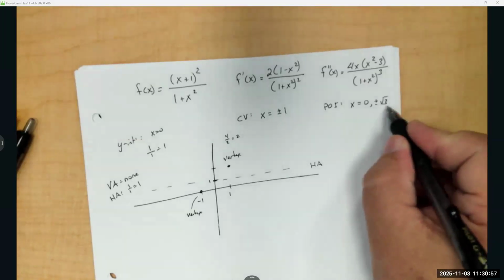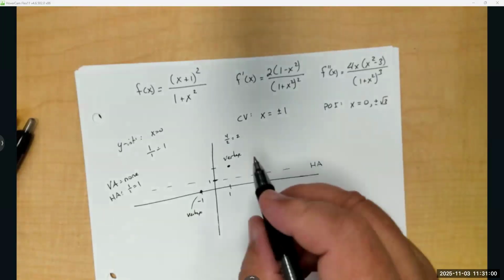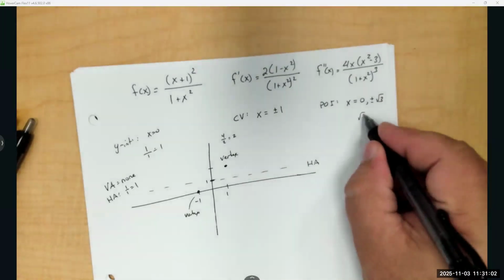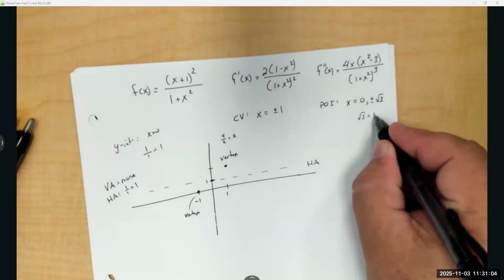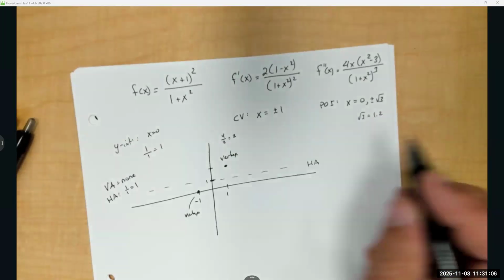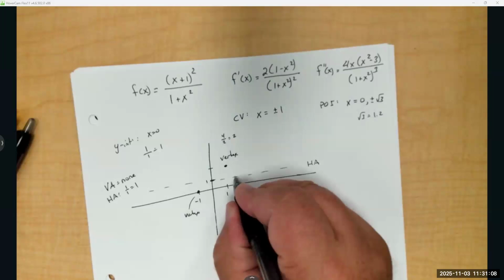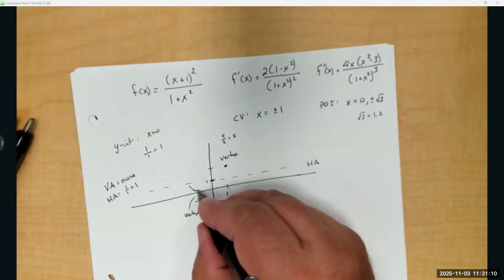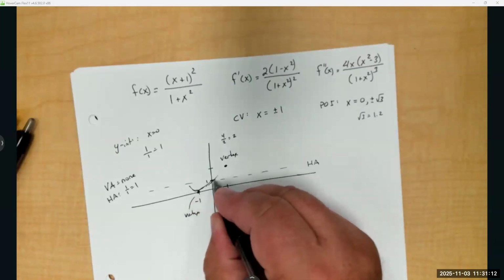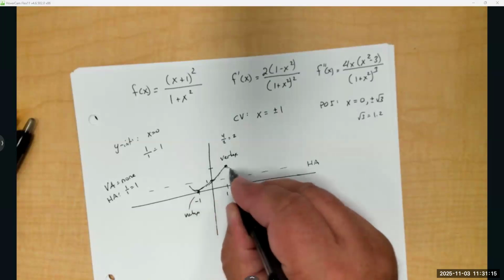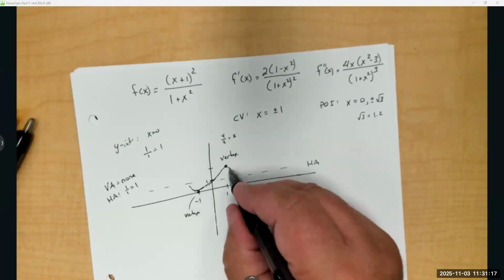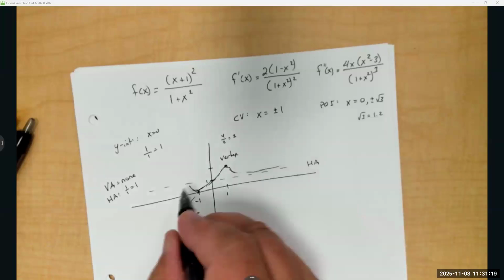And at positive and negative radical 3, just a little bit over 1.1 or 1.2. So it has to cross through there. That's a vertex, and that's a horizontal asymptote.